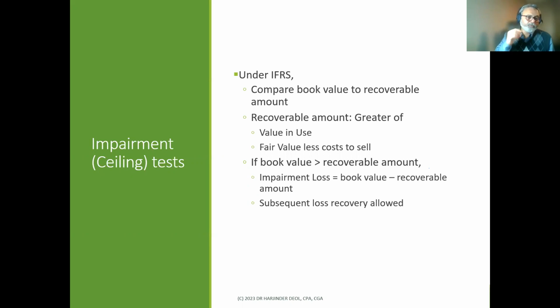Impairment is only said to have occurred when the undiscounted future cash flows from using the asset are below the carrying amount. So that's quite a bit different from the IFRS approach, and you would have learned the details in your first intermediate accounting class. If you don't remember them, it would be a good idea to review them before you start your CPA journey, because CPA will expect that you remember all of that.